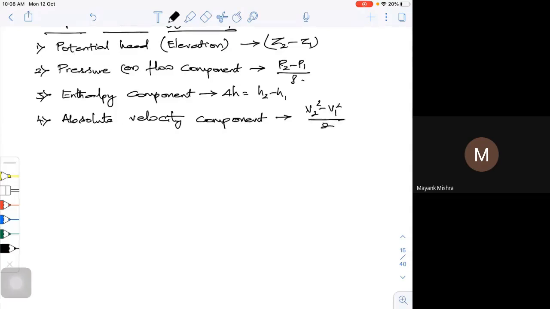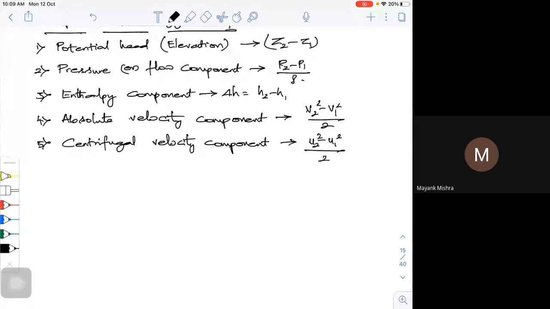Then I have the centrifugal component, which I can write as U2 square minus U1 square by 2 for a compressor or a pump, or U1 square minus U2 square by 2 for a turbine. And the last component is the relative velocity component.